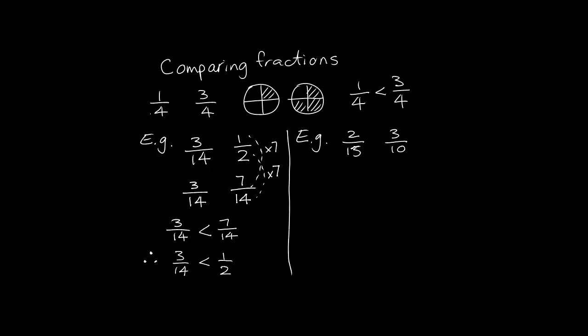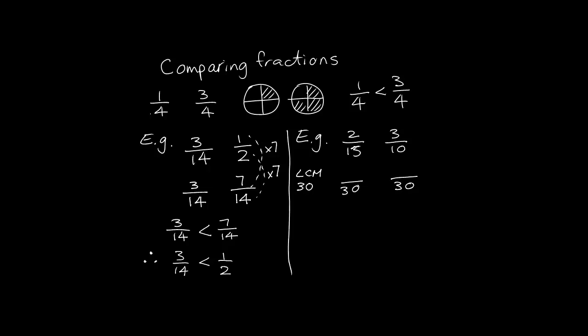To make things easier for ourselves, we would be looking for the lowest common multiple between 15 and 10. In this case, the lowest common multiple happens to be 30. So what we would do is to write each of these two fractions with a denominator of 30.